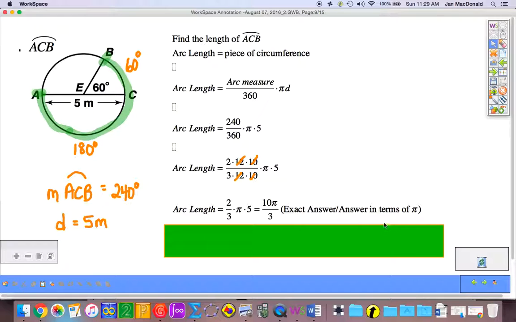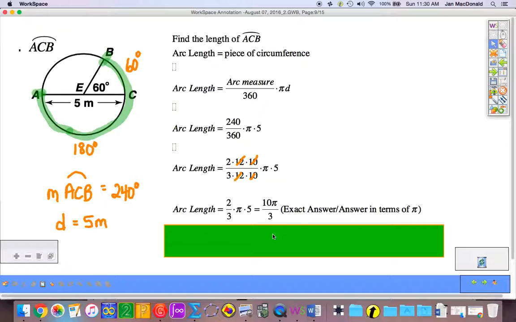Well, what would the decimal answer look like? Let's take a look at our calculator. In your calculator, please hit 10 times your pi key. And you should get a number 31.415, and that makes sense because pi is 3.14, and when you multiply by 10, you should get something like 31.415.